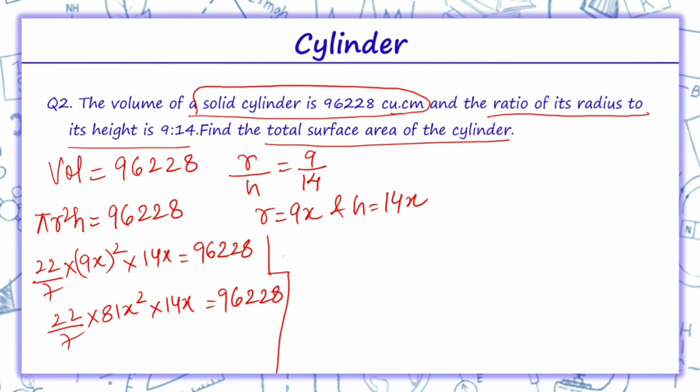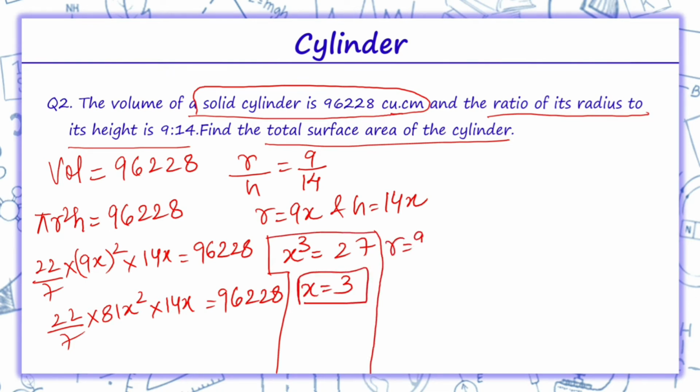So when we solve it, x cube is equal to 27. Thus x is equal to 3. Now if x is equal to 3, that means radius is equal to 9 into 3, that is 27 centimeter, and h is equal to 14 into 3, which is 42 centimeter.